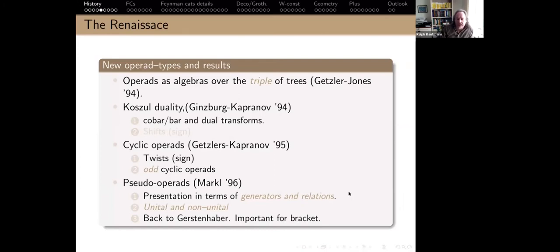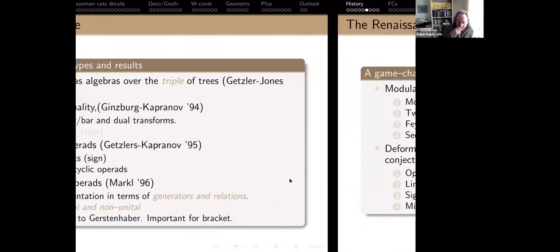There is something about these composition i products, which is smaller. So there is a smaller set of generators. And the other thing that got introduced here, and this will be important for plus constructions later on, is, I think, one of the first times where you have a unital and a non-unital version. The categories always have units, but in this case, you don't have to have the units.